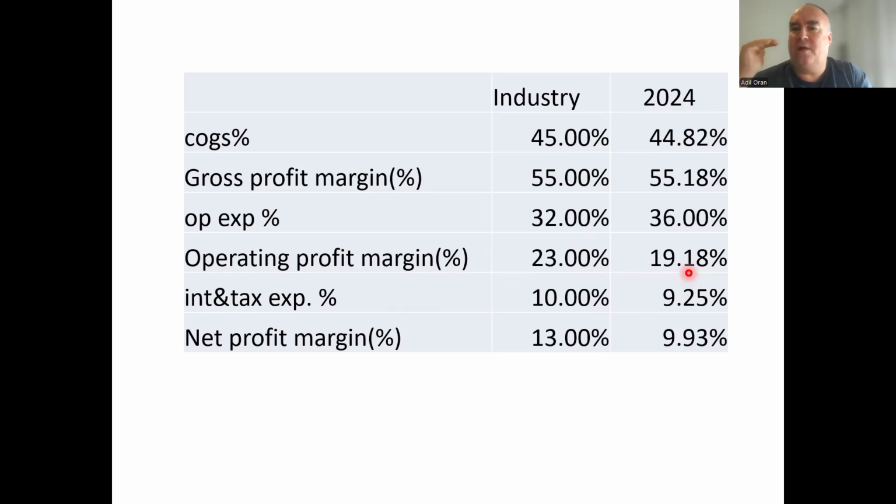But looking at these, you might see that even if they had similar interest expenses, you would end up with an earning before tax which is smaller for our company compared to the industry. And because taxes are usually a percentage of earnings before taxes, a smaller earning before tax would mean tax expense would be lower.